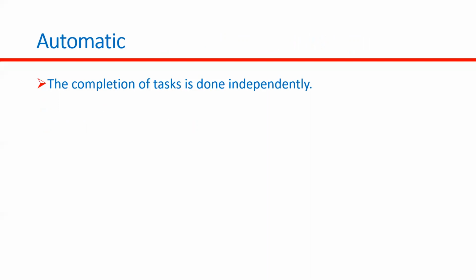The completion of tasks done independently. So the automatic means once our automation process is completed, we are going to publish that process into the Orchestrator tool. In the case of the UiPath RPA automation tool, we have three kinds of components.